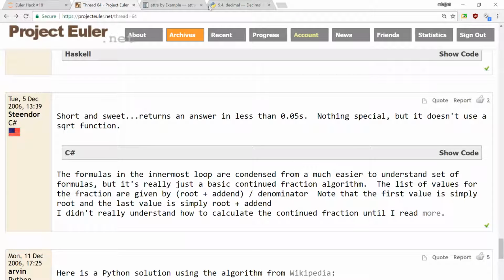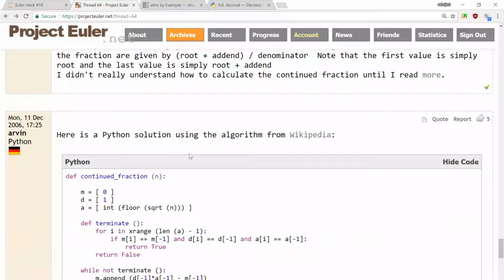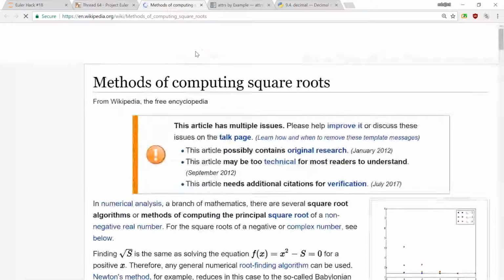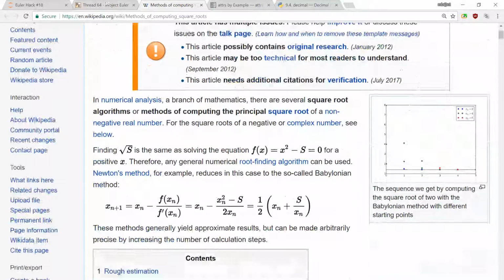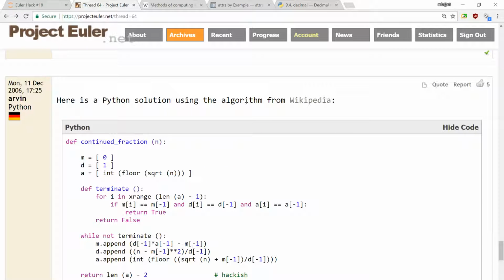Also nice about this. Huh? We used an algorithm from Wikipedia. Cool. Oh, okay. The Arvin. Is there more deeper methods? Okay, no, this is. What is the description on Wikipedia?